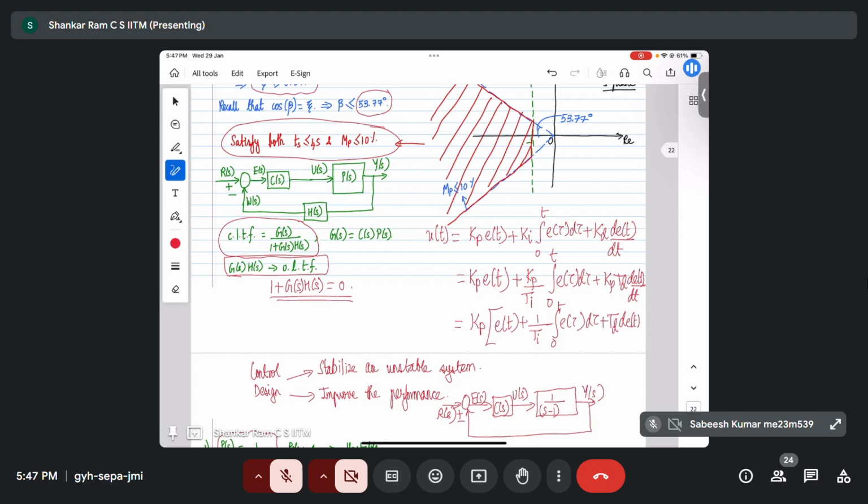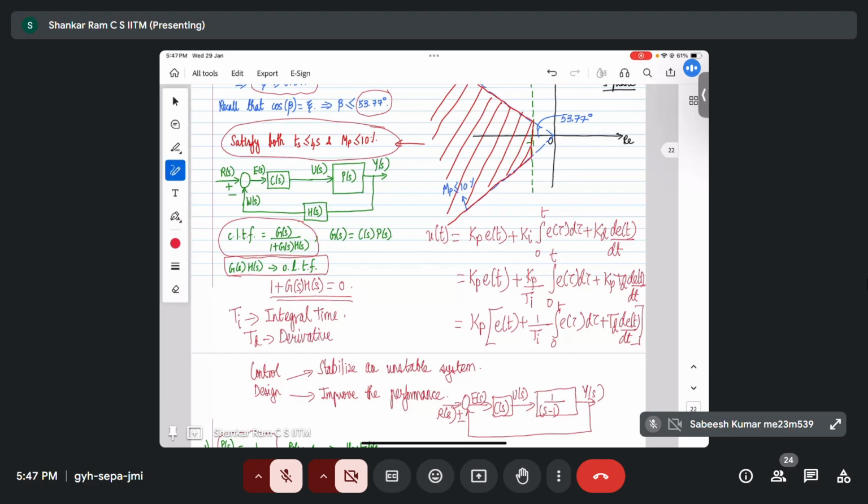Very good. So there are physical meanings of this Ti and Td. Ti is what is called integral time, and Td is what is called derivative time.